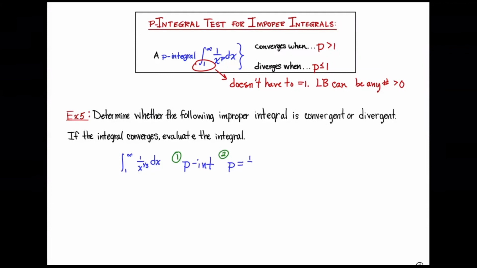And the third part of your proof is its relationship with 1. So 1/3 is less than or equal to 1. Therefore, the integral from 1 to infinity of 1 over x to the 1/3 dx diverges.